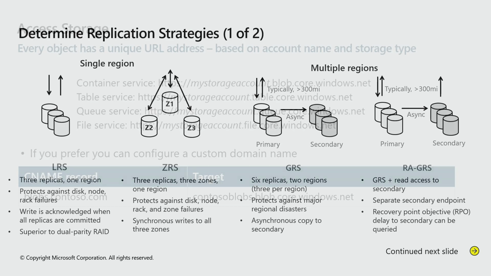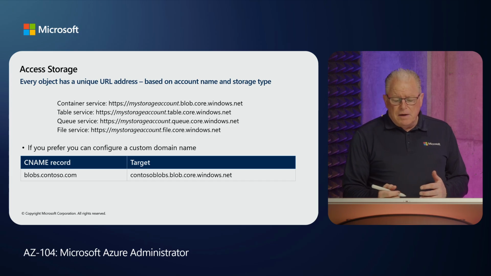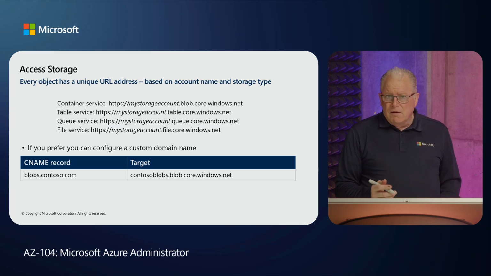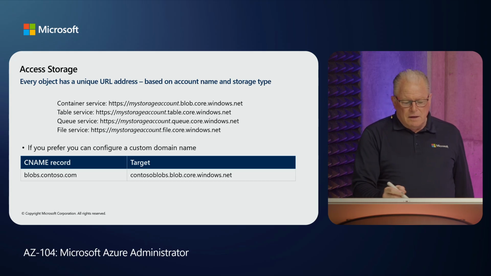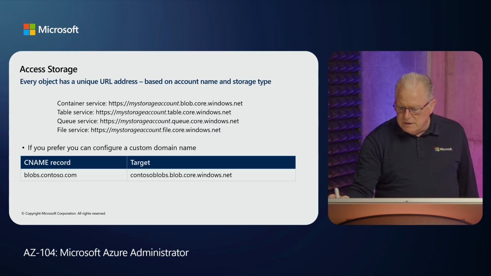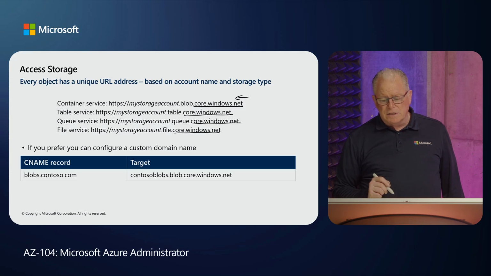Those are the different replications. How you access a storage account is based on a URI that might be familiar to you. Now, another eye-winking moment, you must remember this format. Starting from the right, going to the left, you've got core.windows.net, that is the same for all types of storage in the storage account.